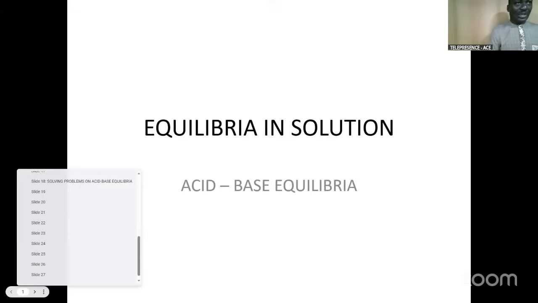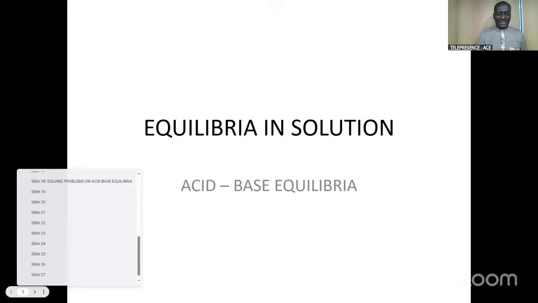But for weak electrolytes, even though the electrolyte will ionize to give some ions in solution, some of the electrolyte will still remain undissolved in solution, such that an equilibrium is established between the undissolved substance and the ions formed from it, which are usually very small anyway.